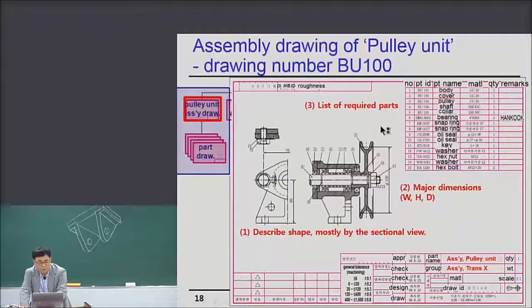And the third step is very important. The list of required parts should be here. This is the very, very essential part of an assembly drawing, the list of required parts.